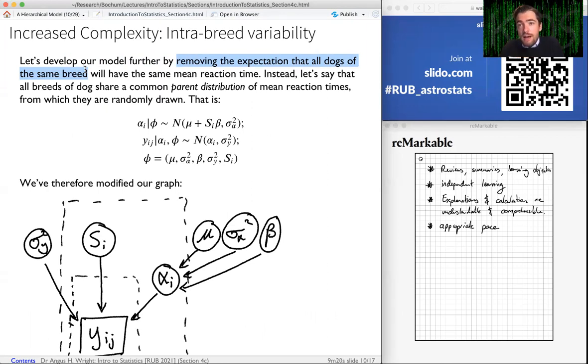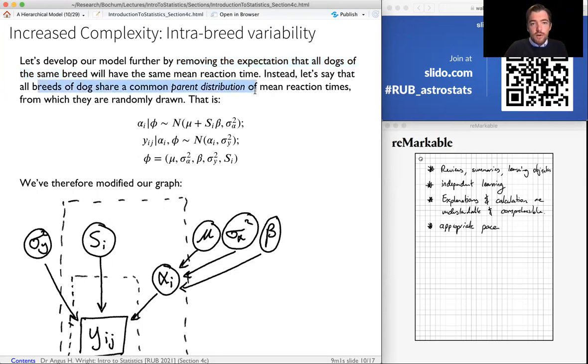Instead, we can say that they have the same population reaction time, but that individual animals are drawn from a distribution which is governed by their breed. And so we can say that all breeds of dogs share a common parent distribution of reaction times, from which each dog itself has a reaction time that is randomly drawn.